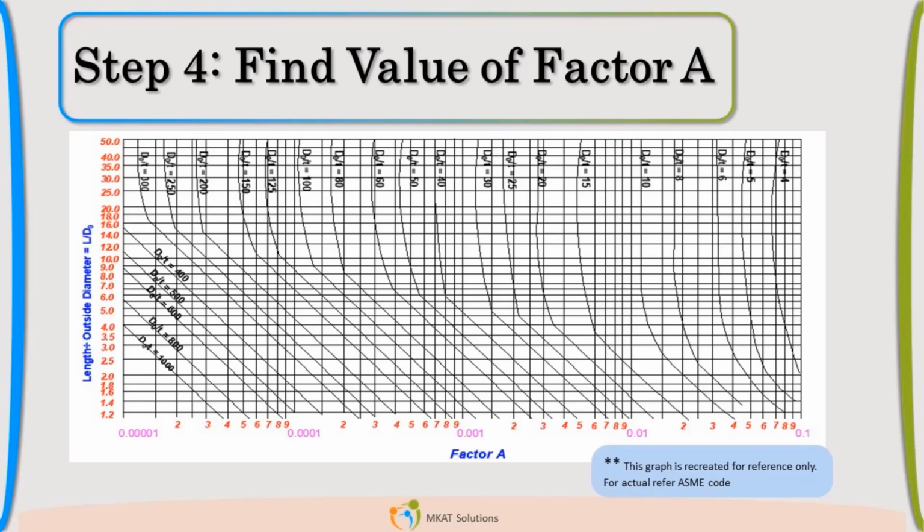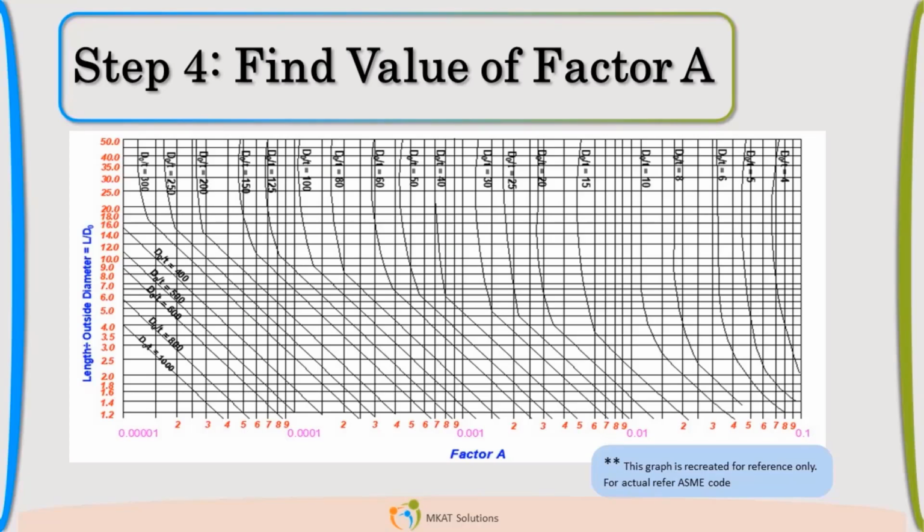On this side is the L by D ratio, and the lines you see here are the D naught by T ratio. Wherever L by D intersects with D naught by T, you will get factor A. And this is a logarithmic graph, so you have to be very careful while reading the values.